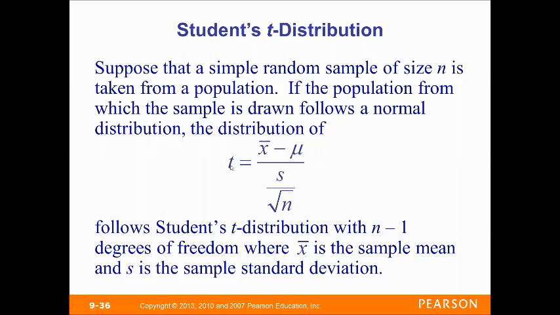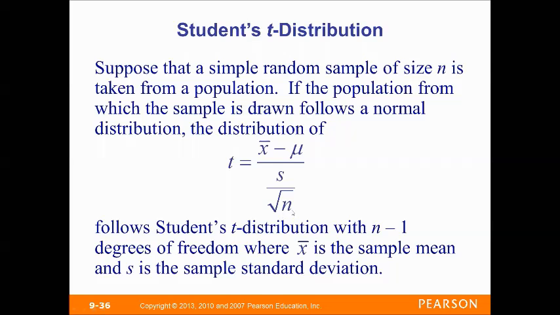So we can get a standard t-score by subtracting off the mean and dividing by S over the square root of n. We say that t follows a student's t-distribution with n-1 degrees of freedom. In other words, the number of degrees of freedom is the sample size minus 1.